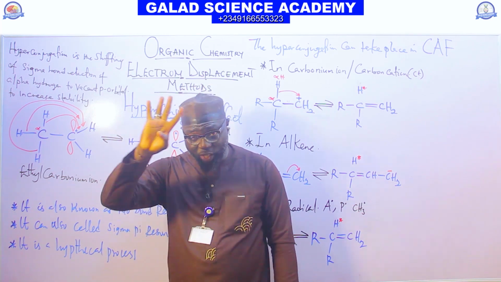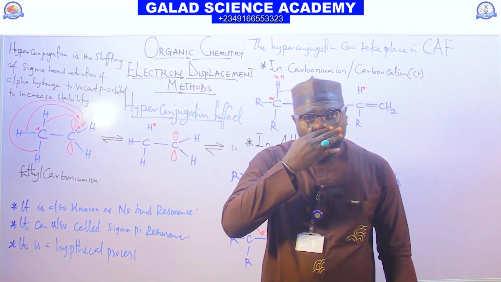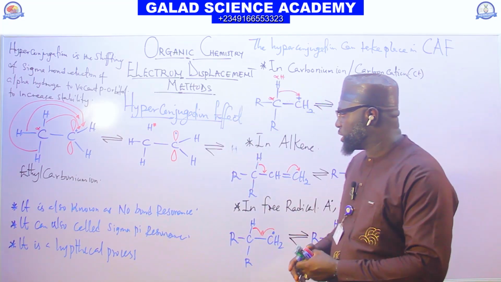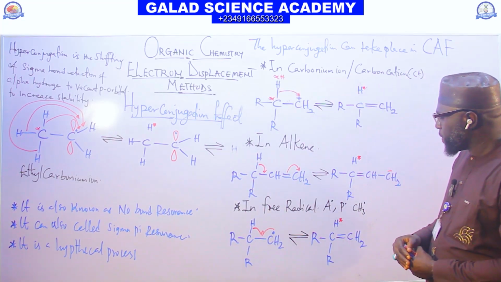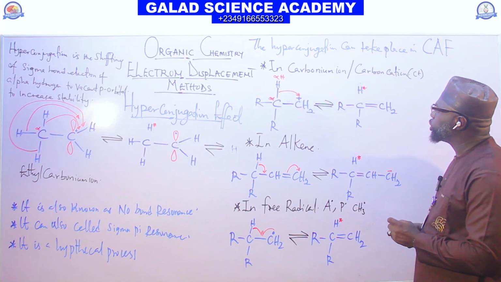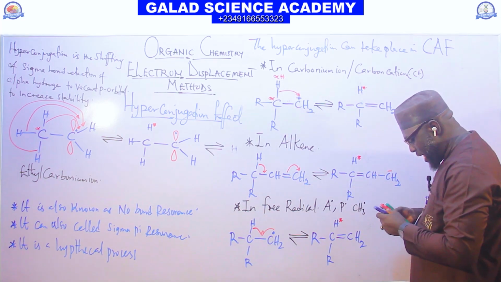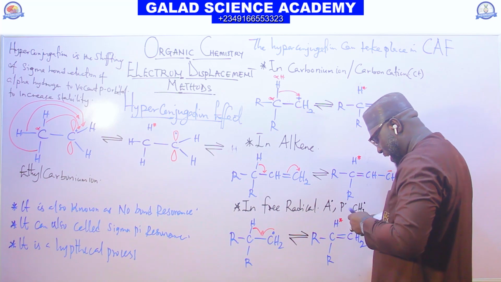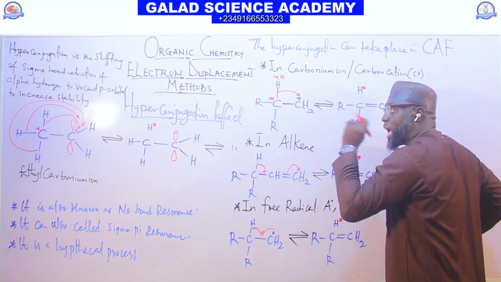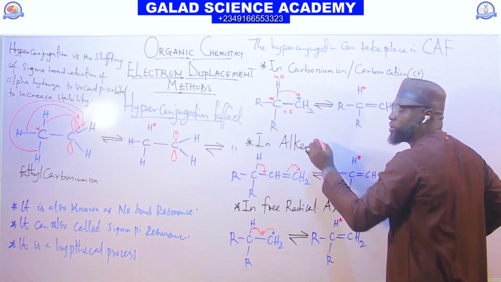The last aspect of hyperconjugation for today is the application of hyperconjugation. It has just two functions. The first one is that it results in the shortening of the bond. Look at this bond. If this is a single bond here, assume the distance between these two is 0.5.